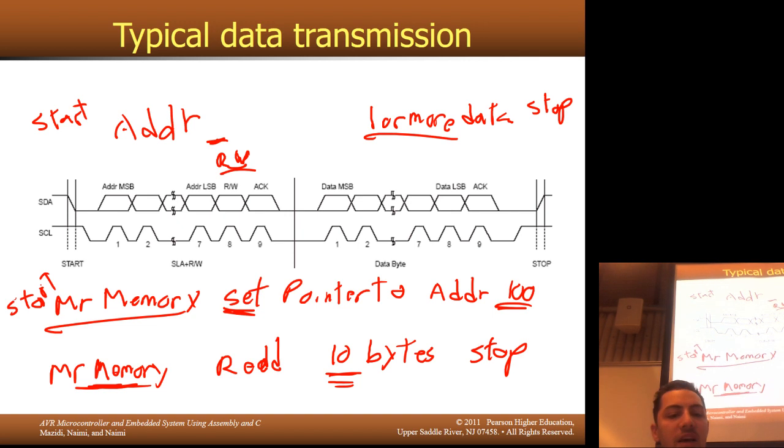A repeated start, R start, because I don't want to let go of the bus. This is a very common phenomena. First, you tell the memory, set your internal pointer to a particular address. So you write the number 100 to this device. It knows, okay, now I'm looking at address 100. Then when you read, it starts sending bytes sequentially. Okay, so that's a very good example of why you might need a repeated start condition.